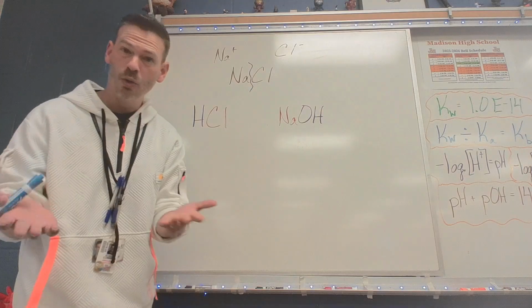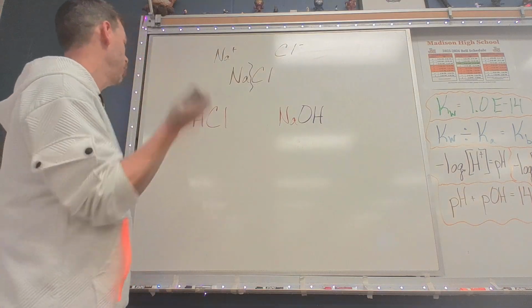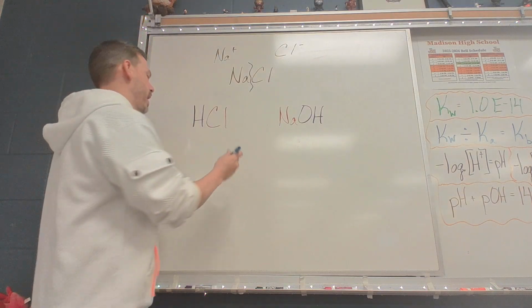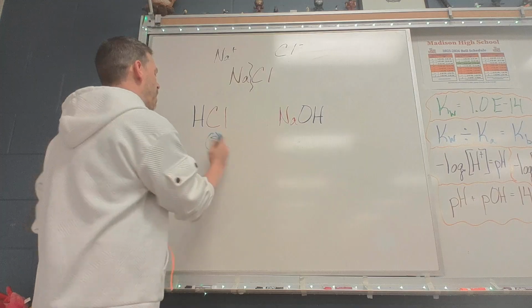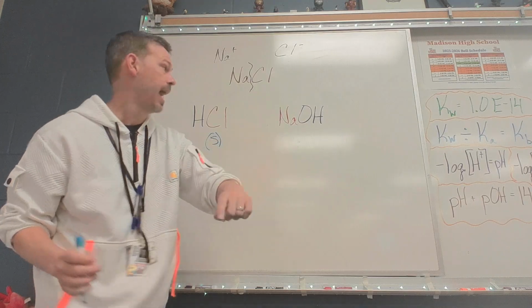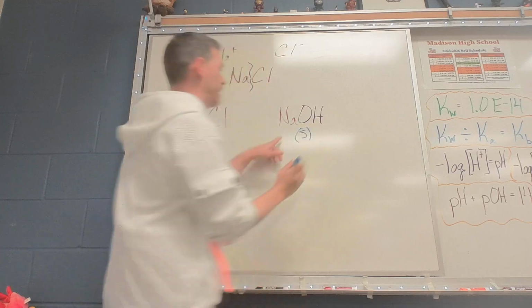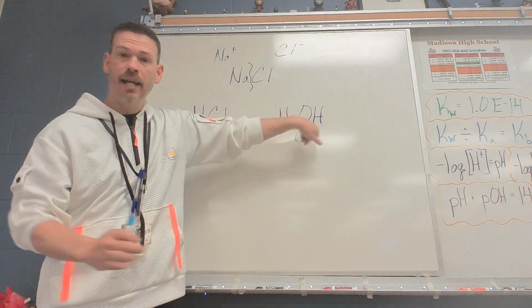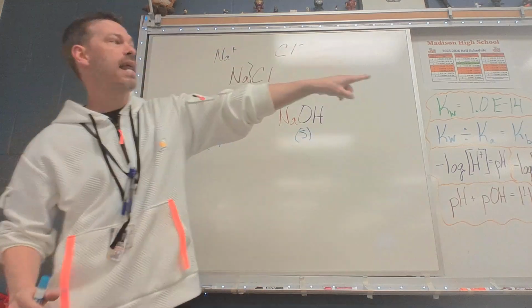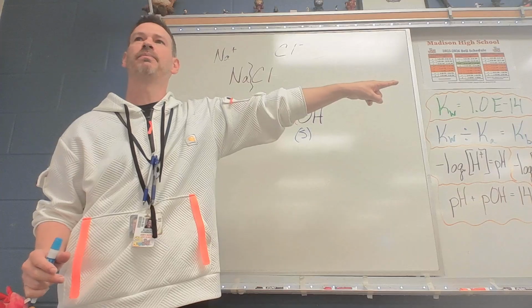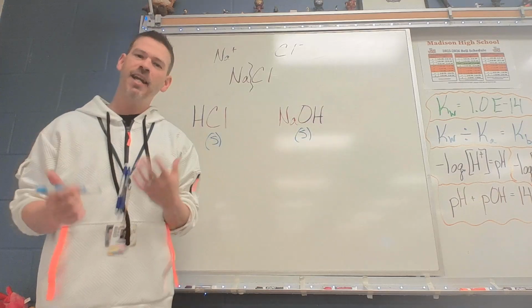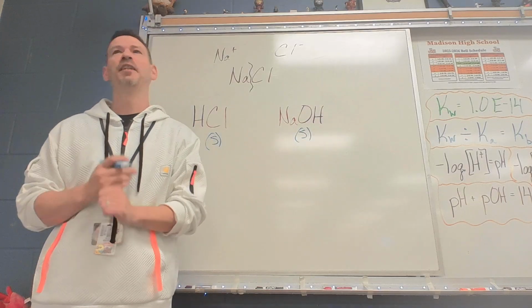Luckily, you do, because you've already been tested on it in Unit 2. HCl, strong or weak? Strong, because it's binary. NaOH, strong or weak? Strong, because that is a group 1 hydroxide. Strong. And what happens if the parents are strong? The pH doesn't change.